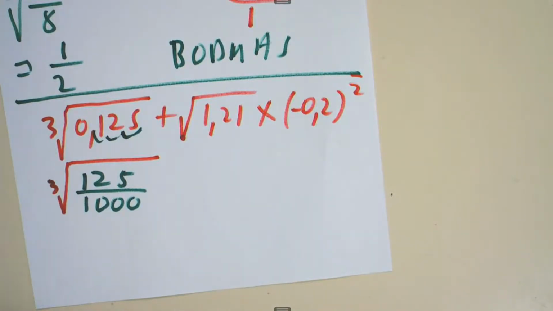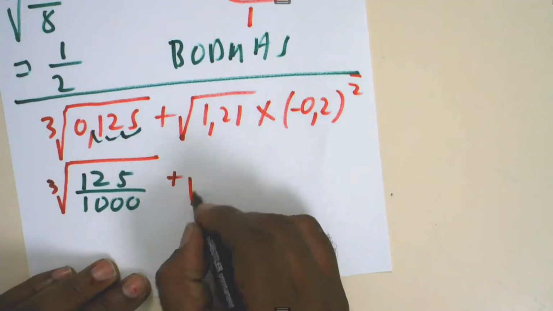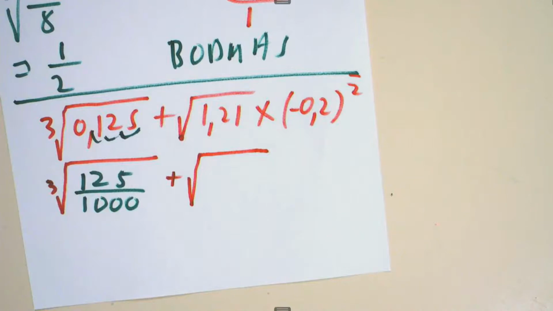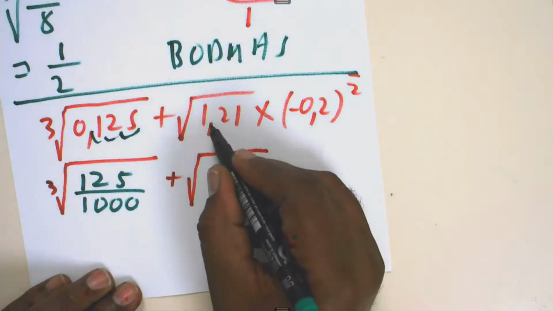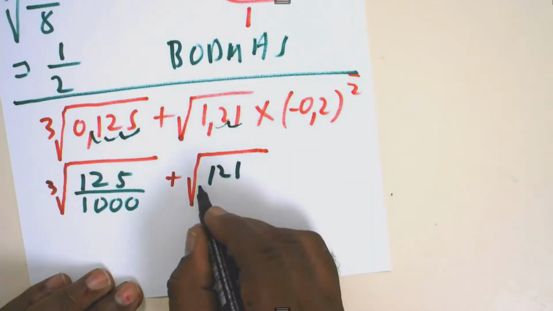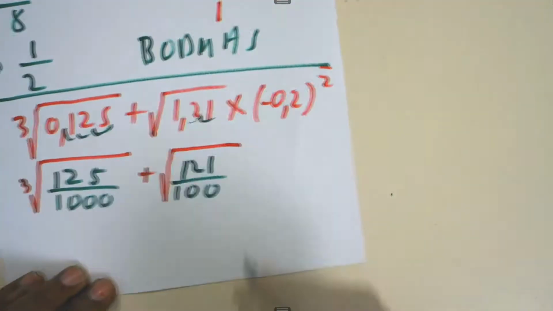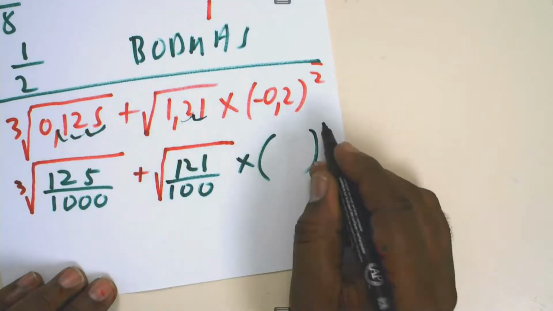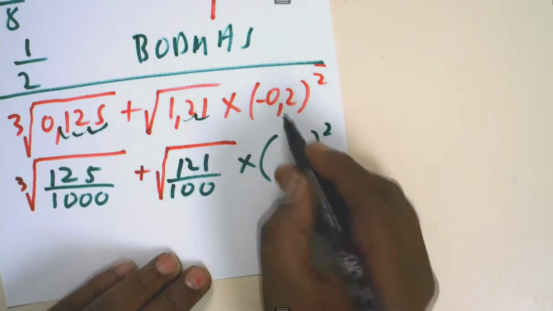Same approach here. Let's change it to common fraction. We want to make this one a whole number. We move a decimal comma 2 times. 1, 2. Therefore, it's 121. How many times did you move it? 1, 2. Same thing here. We want to make this one a whole number.